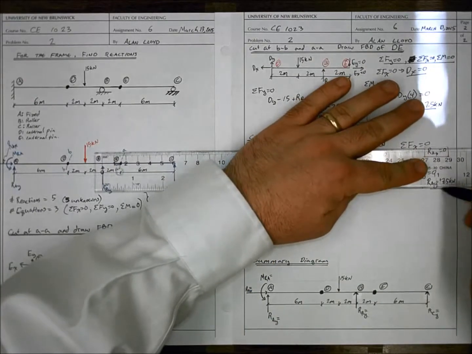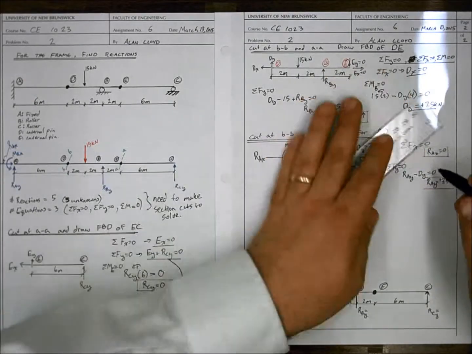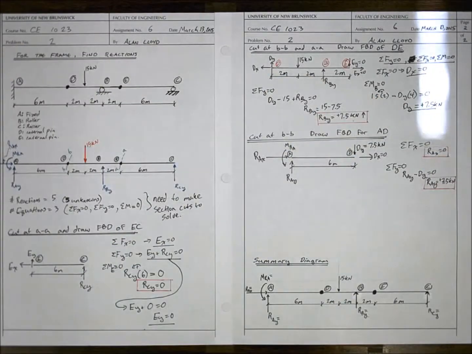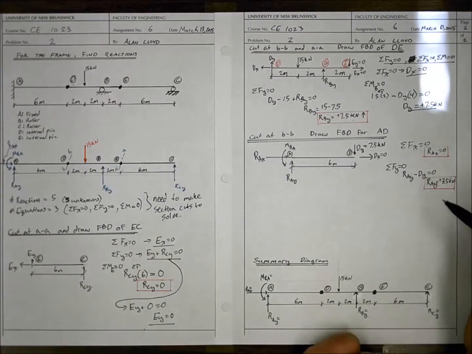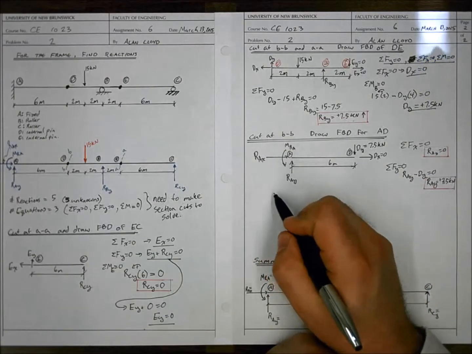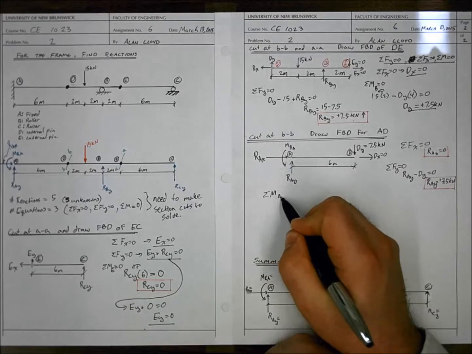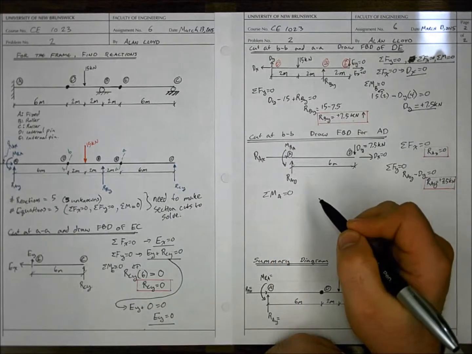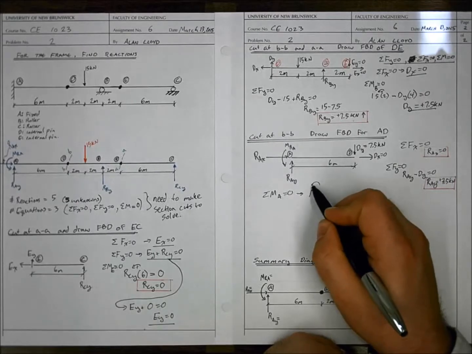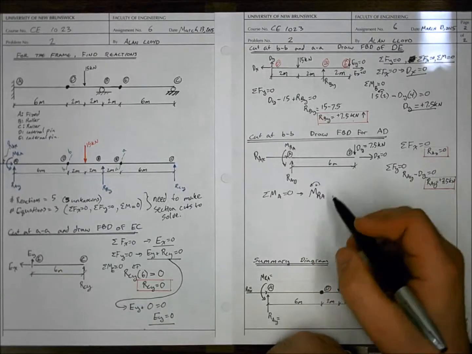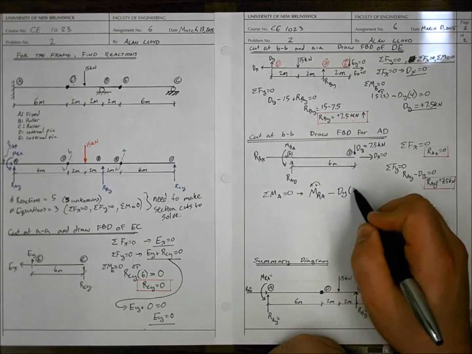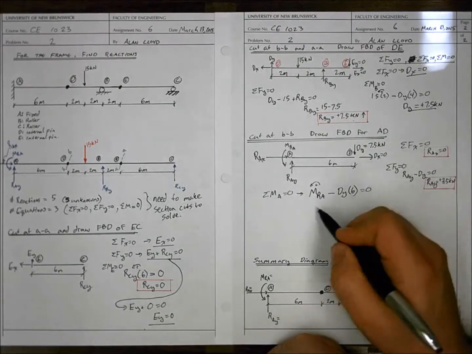And then finally, we can take the sum of moments about a point and solve for the moment reaction at A. We'll take the sum of moments about location A and set that equal to 0. This gives us MRA, the reaction moment at A, drawn as acting counterclockwise, which is positive, minus DY times 6 is equal to 0.